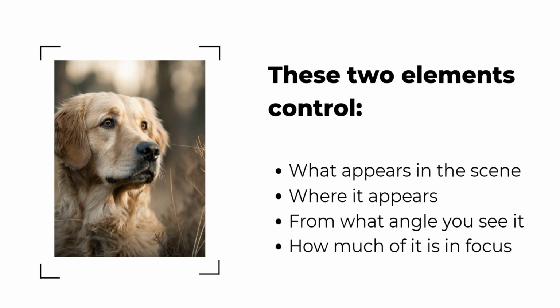In photography or filmmaking, the way you frame a shot tells the story just as much as the subject itself. It is the difference between a boring snapshot and an eye-catching image. And yes, you can totally do this in Midjourney just by using the right words.